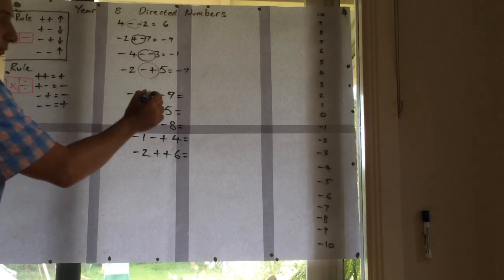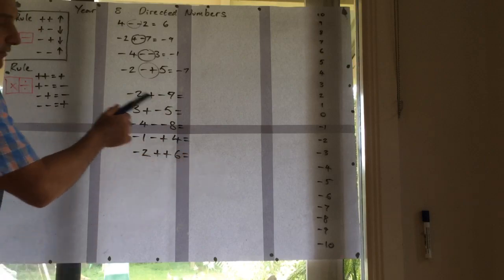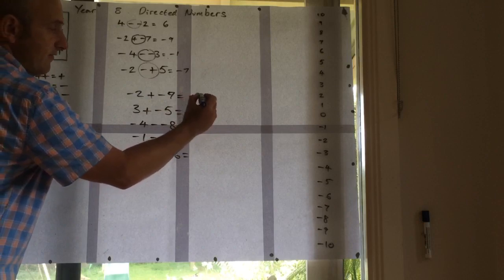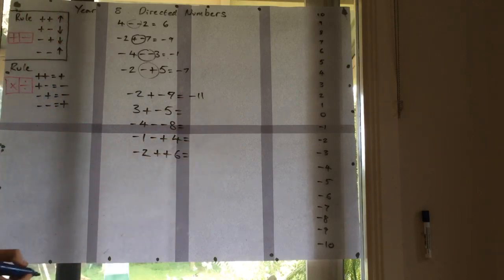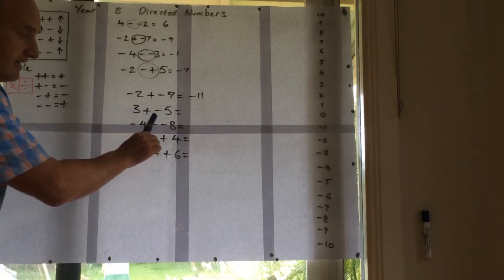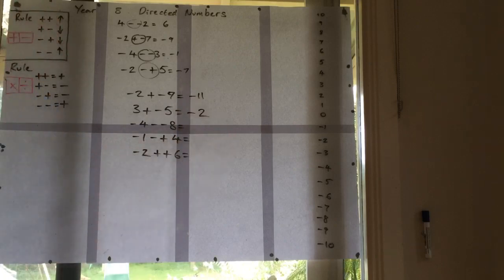So this first one was a little bit of a cheeky one because ultimately it went right off our number line. Give yourself a big pat on the back if you wrote down negative 11. On this one, we start at 3, we're going down 5 places. Give yourself a big pat on the back if you got negative 2.